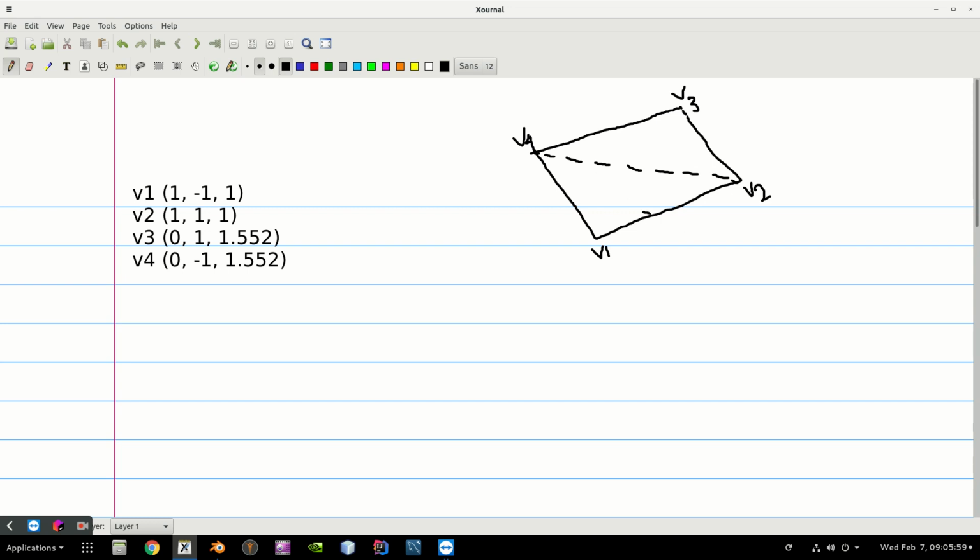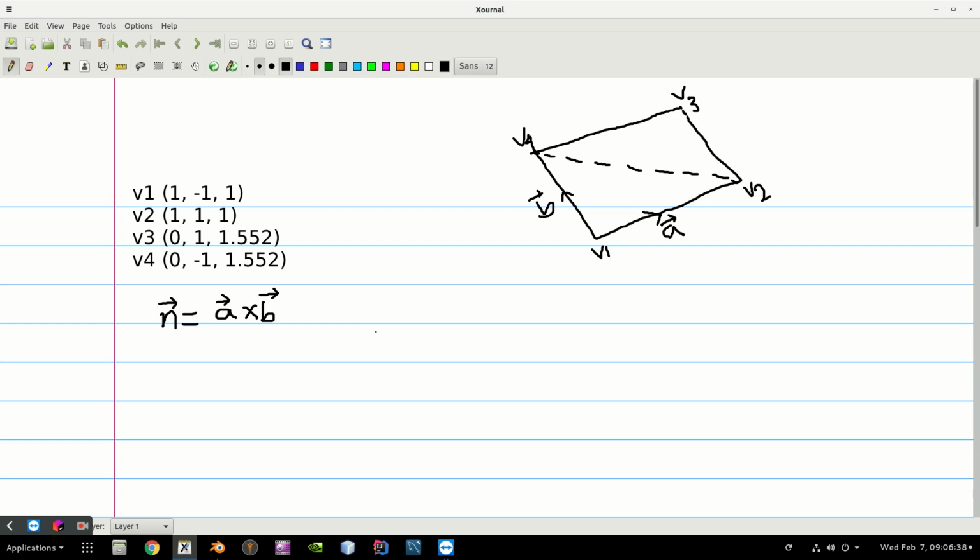So we want to form a vector over here. This is going to be our vector A, and over here we got vector B, going from V1 to V4. V1 to V2 is A. And we want to find out the surface normal in this form. Okay, so far this is what we got.